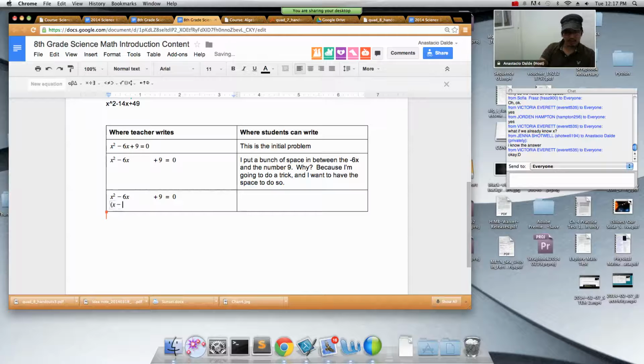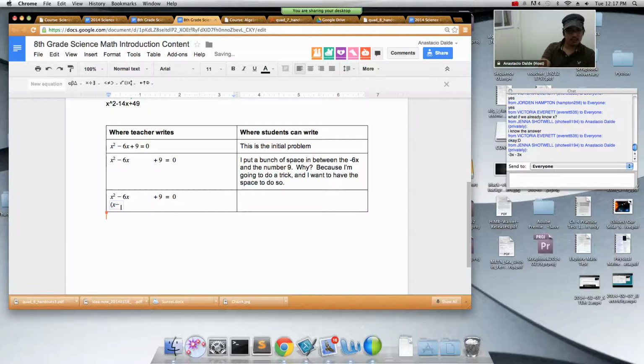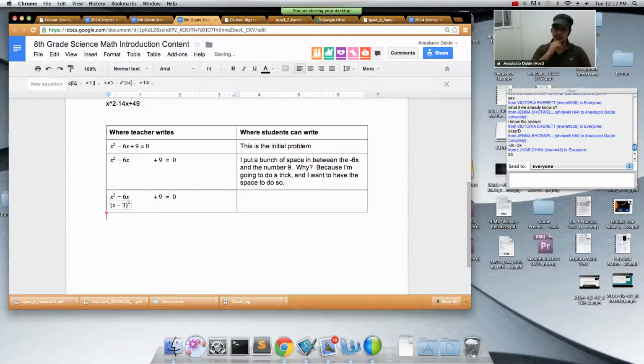X minus blank squared. What number should go there? A 3. Exactly. Not a 3x, just a 3.